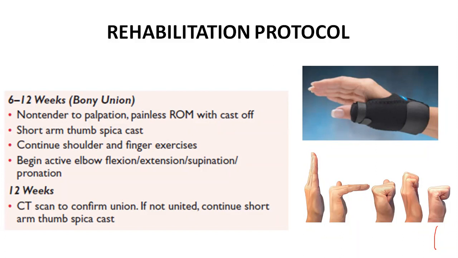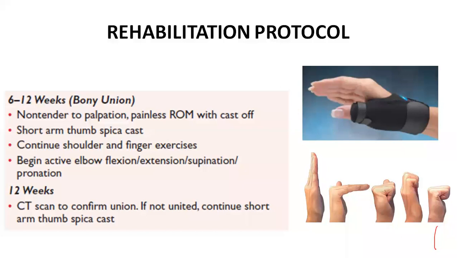If it is confirmed by the radiographic images, then it is known as radiological union. If no union has been identified on the radiograph, the exercises and the cast should be continued for another 2 to 3 weeks.